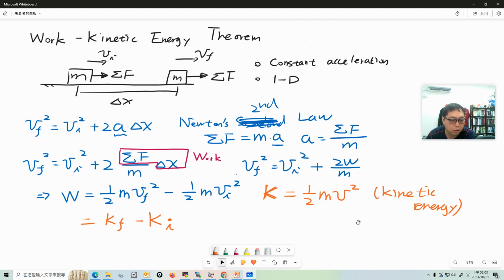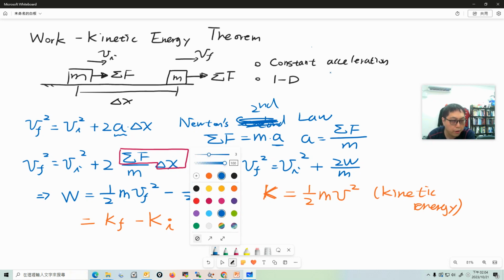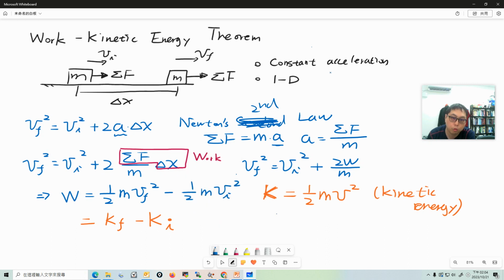So this uses constant acceleration motion to prove the work kinetic energy theorem. From this theorem we can elaborate more. Work can be positive or negative.